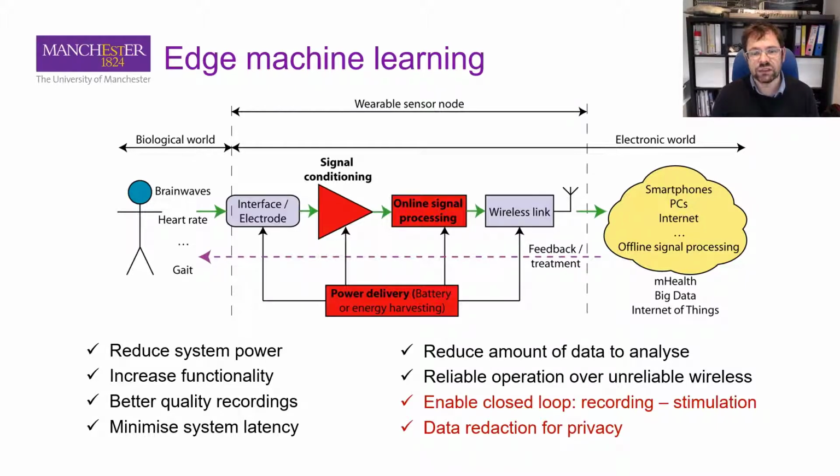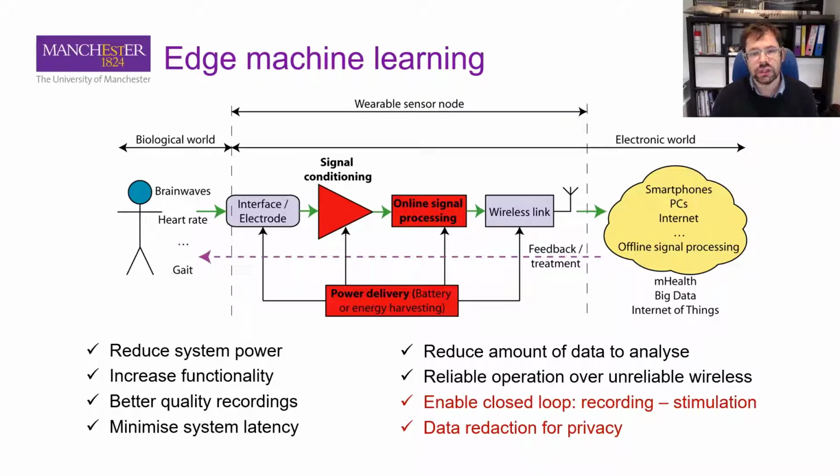If we want to have sense actuate systems that respond to the data that's being collected and do that in a very timely manner, we often don't have time to send data to a cloud, to a data center. A round trip time can easily be a couple of 100 milliseconds, and for very responsive systems that's going to be too much.